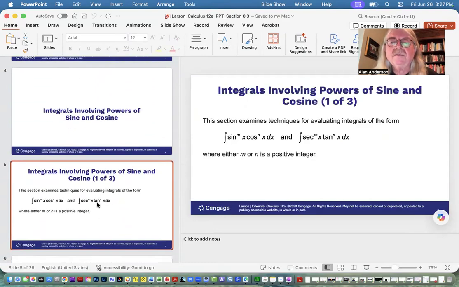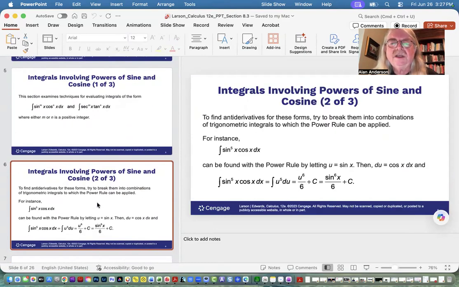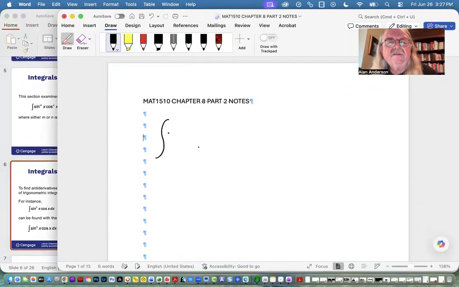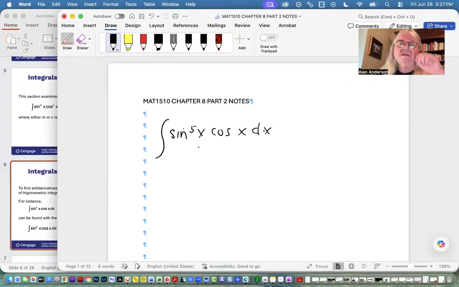Okay, so now we'll start with a relatively simple case. Here we have the integral of sine to the fifth x cosine x dx. Now, in spite of appearances, this one probably should be managed with u substitution, our old friend u substitution.